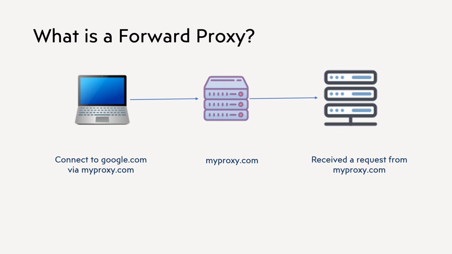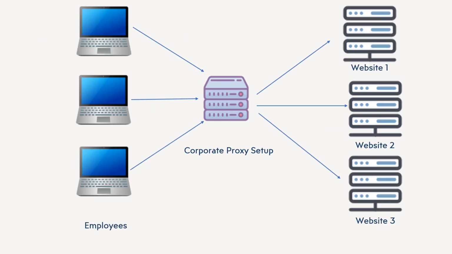For example, in a corporate setup, we cannot access all the websites. There are certain websites which are forbidden to employees. So if an employee wants to access certain websites, they have to go through the corporate proxy setup. Whatever request comes to the proxy is filtered or verified, and then the request goes to the server.